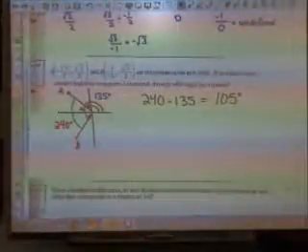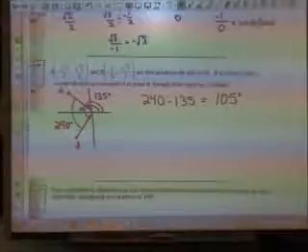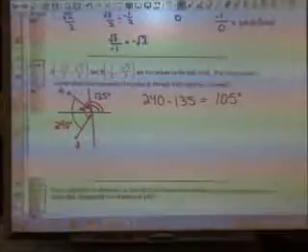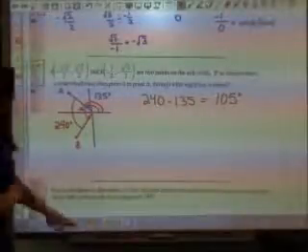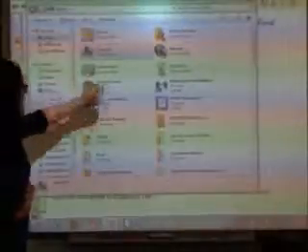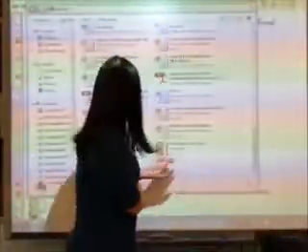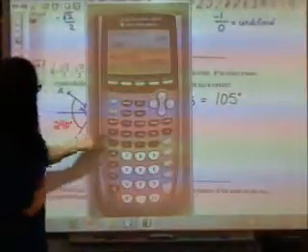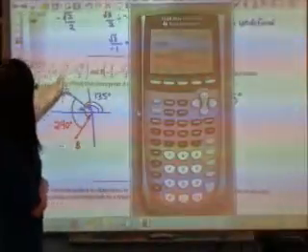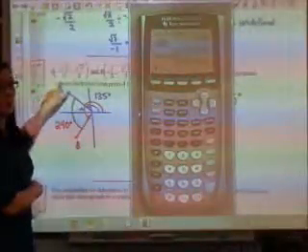What would happen if I didn't have the unit circle to do this question? Could I still do it? I would have to grab my calculator, and I would be looking for reference angles.